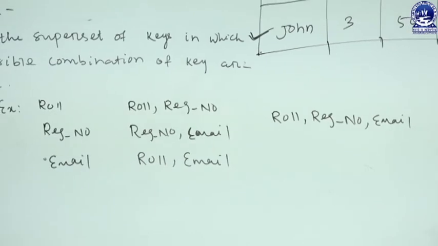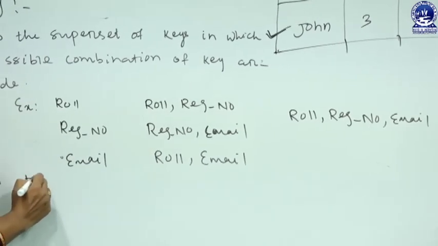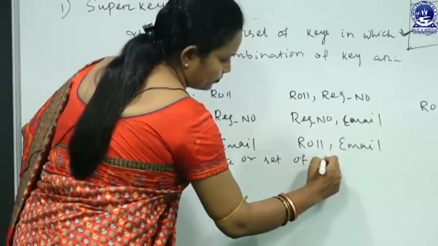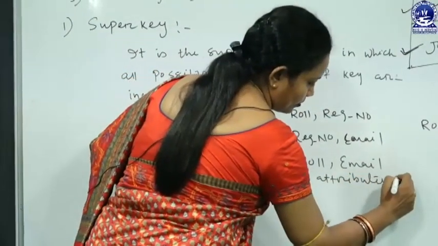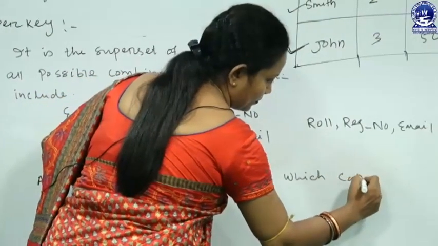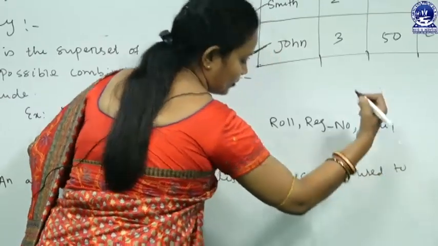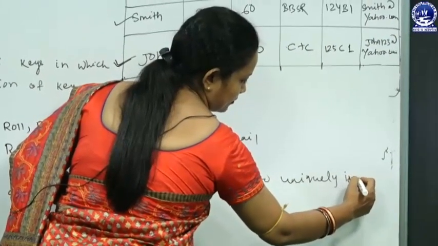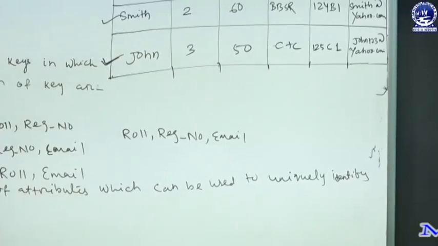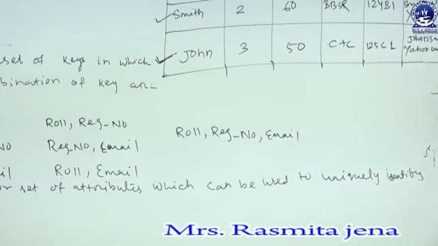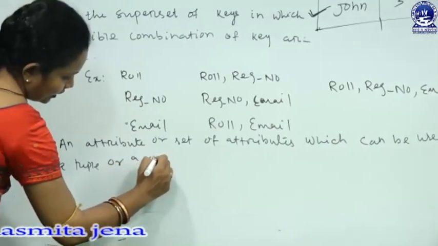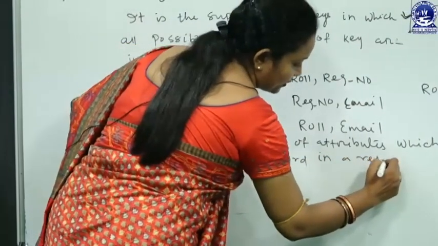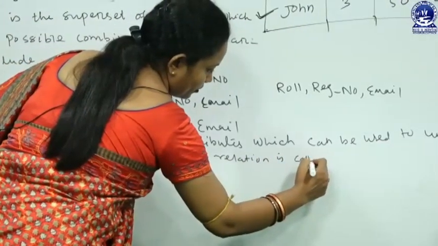So, let us define the super key. An attribute or set of attributes which can be used to uniquely identify a particular tuple or row of record in a relation is called a super key.